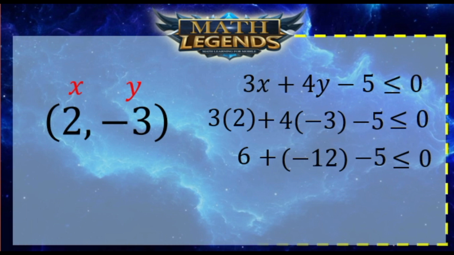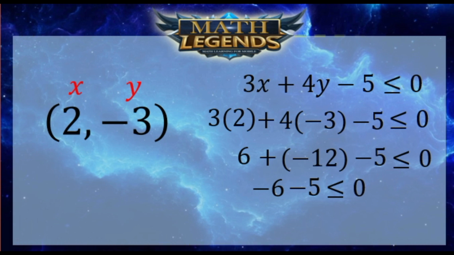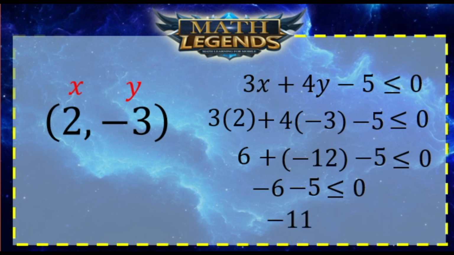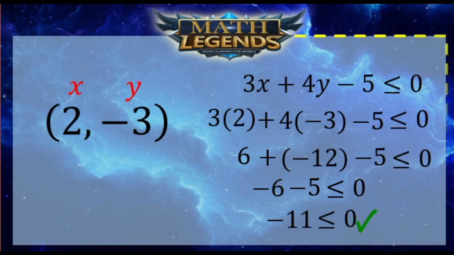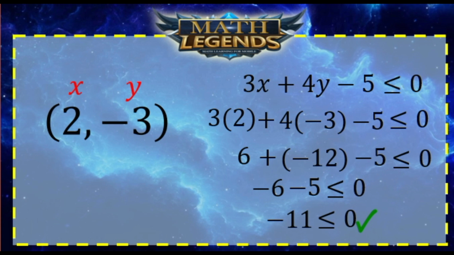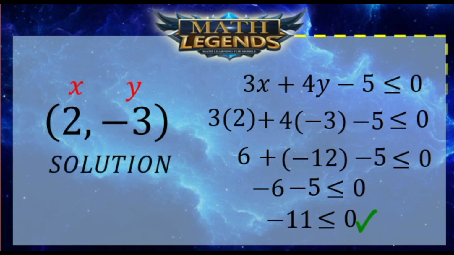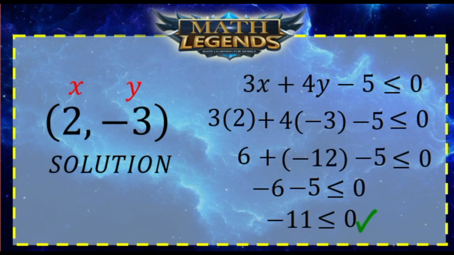So we have 6 plus negative 12, which is negative 6, minus 5, less than or equal to 0. And negative 6 minus 5 is negative 11, less than or equal to 0. It is true that negative 11 is less than 0. So therefore, we could say that 2 and negative 3 is a solution of our given linear inequality.